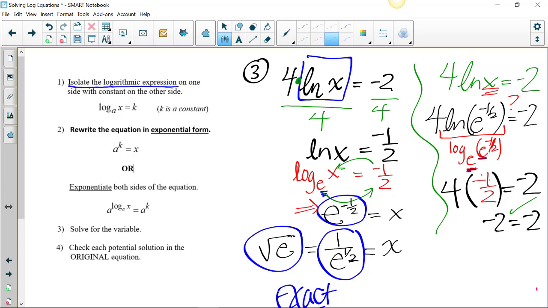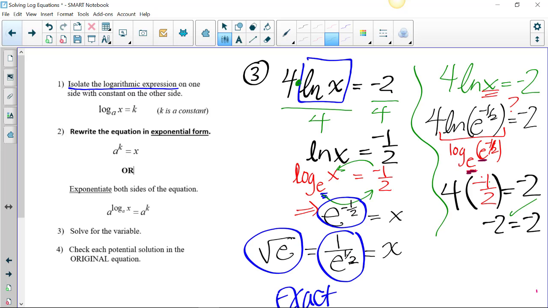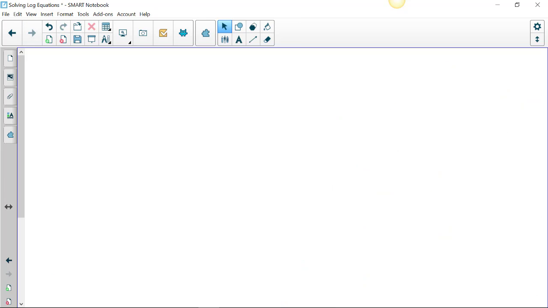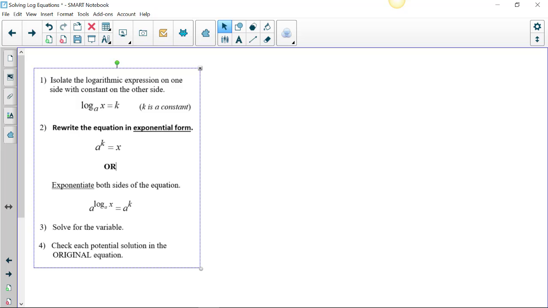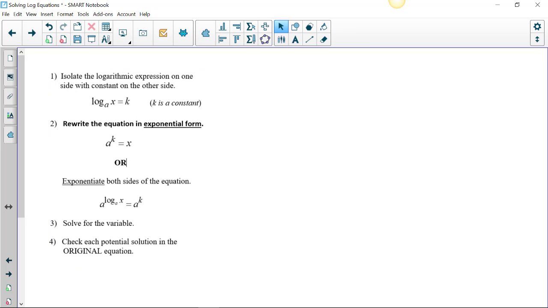Okay, let's look at one more, and then we can look at the alternative form there. One more.